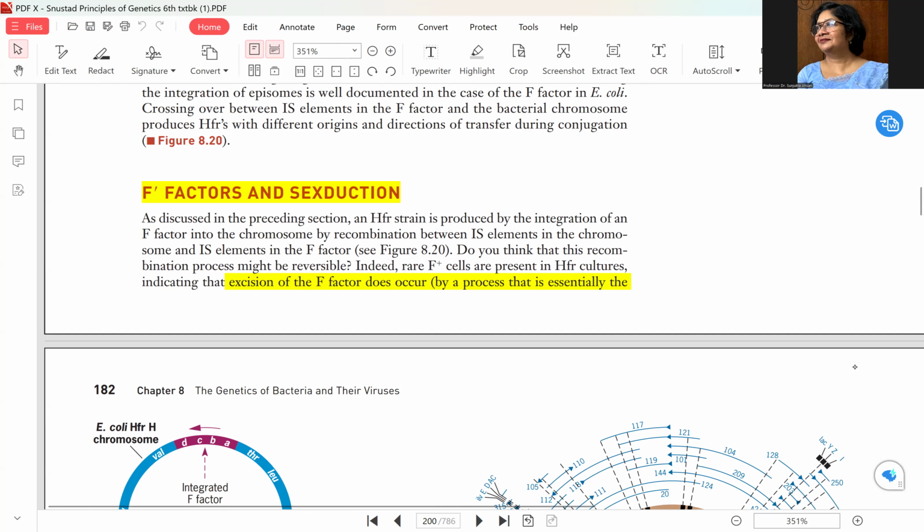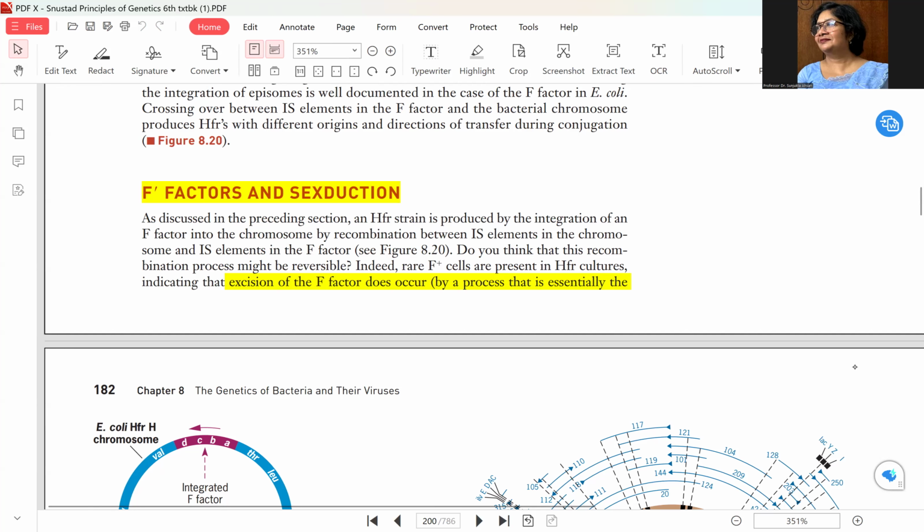The HFR cell only sends out an open-end DNA fragment into the recipient cell. When the open-end DNA fragment enters the recipient cell, it can replace the host cell sequence by recombination. So the host cell still has only one copy of that sequence, and the host cell remains haploid.